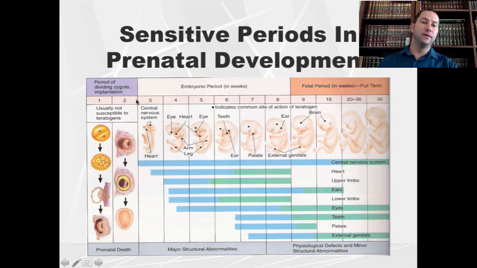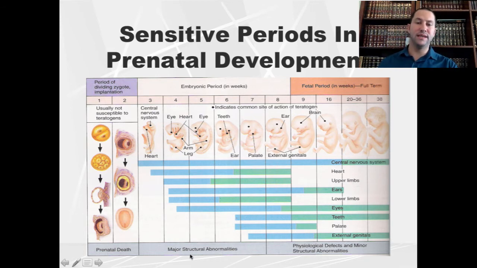So weeks 2 through 8, right? So the end of week 2 all the way through week 8, you start to see the central nervous system, the heart, eye, everything is developing, right? So the list is here, but everything is developing between weeks 2 to 8. And exposure could result in serious or major abnormalities.